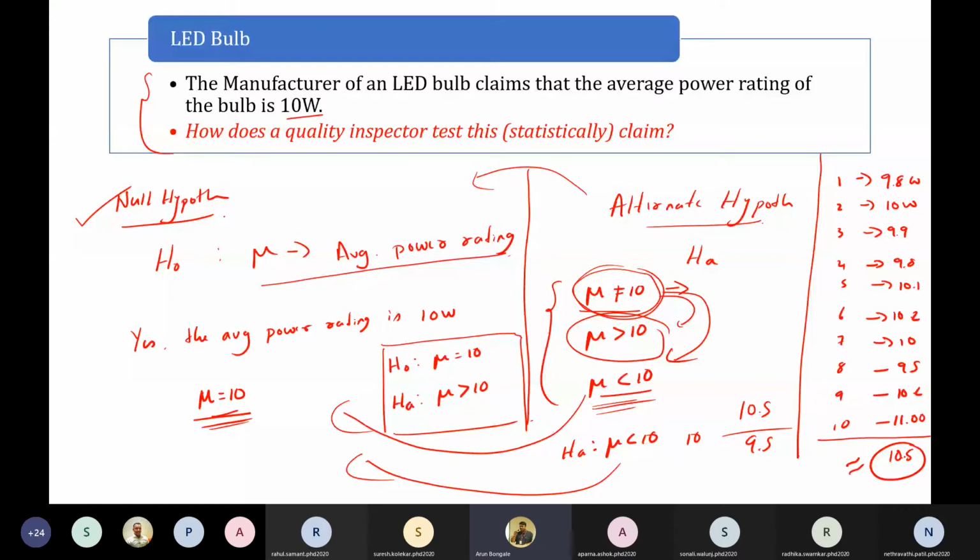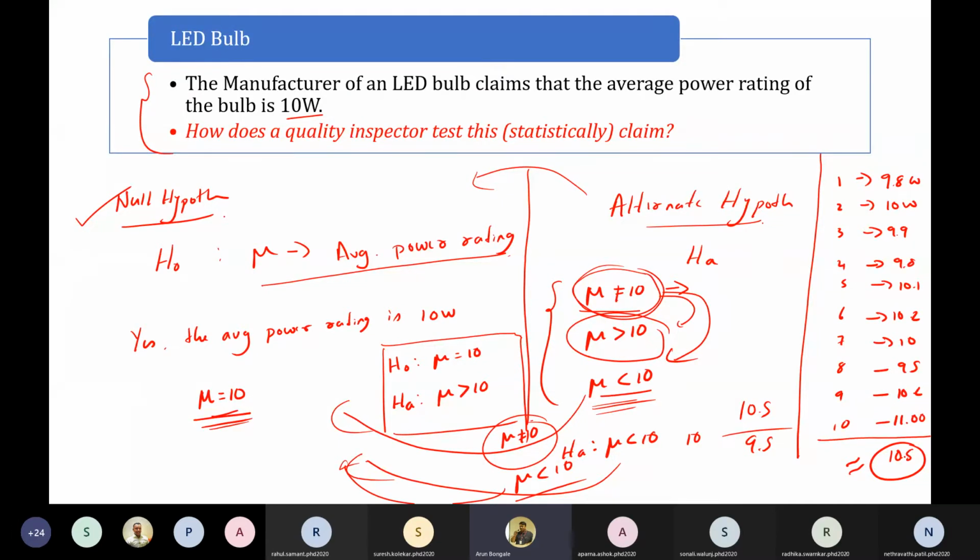Then only there is a complementary decision that we can make, and we can conclude something. Otherwise, if I write mu is not equal to 10, no conclusion can be drawn, or if mu is less than 10, then it is nothing but the null hypothesis itself.